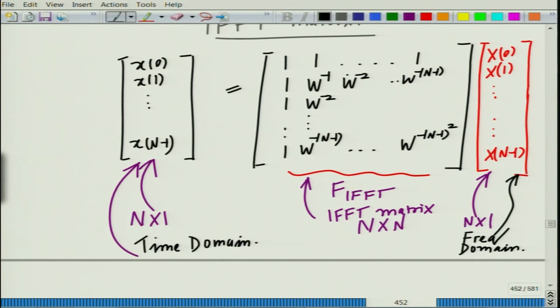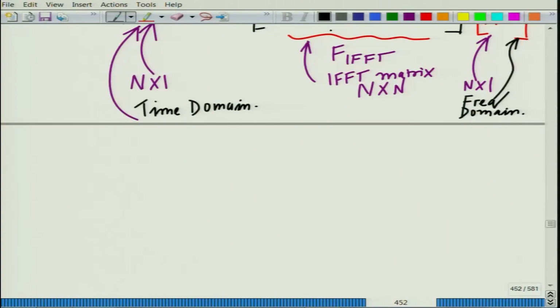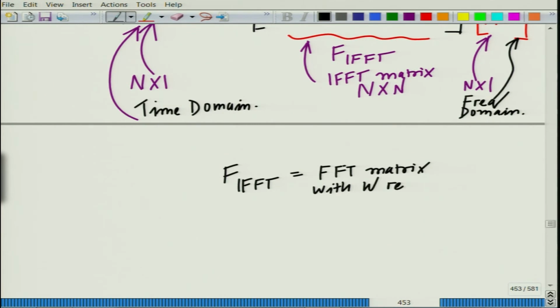Once again, if you look at this, the only difference is that this is the FFT matrix. If you are shrewd, you will observe that this is the FFT matrix with W replaced by W inverse, right. So, this is nothing but F IFFT equals the FFT matrix with W replaced by W inverse, which is also W conjugate.